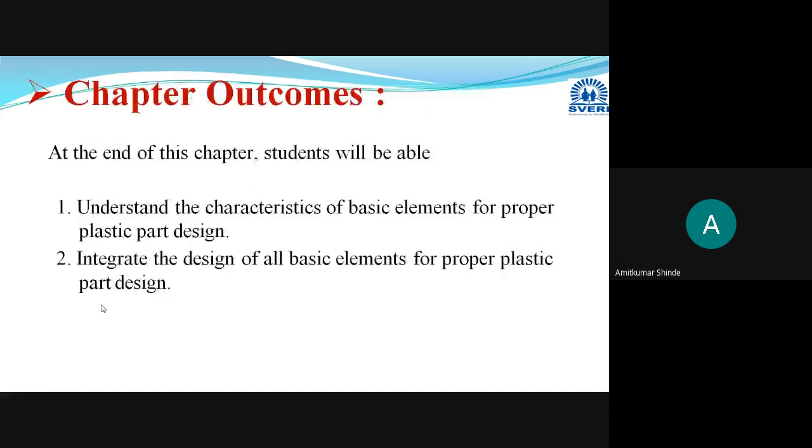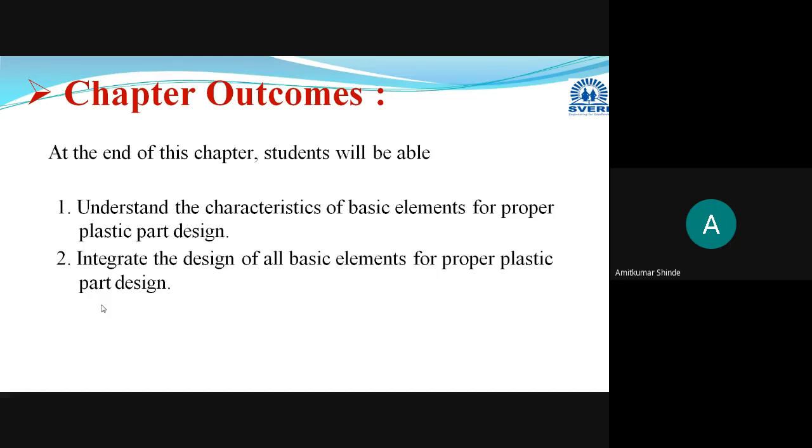And then next is what will be the chapter outcome. After studying this chapter, you will be able to understand the basic elements and their characteristics for proper plastic part design. You will understand which basic elements you have to consider for designing any plastic part, and what standard procedure you have to follow.